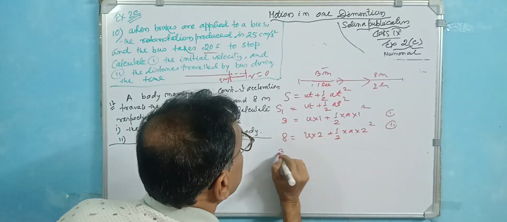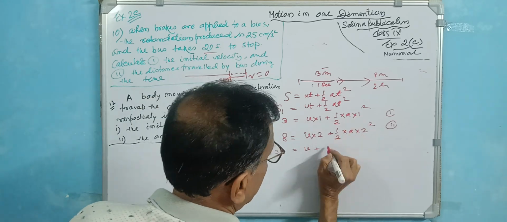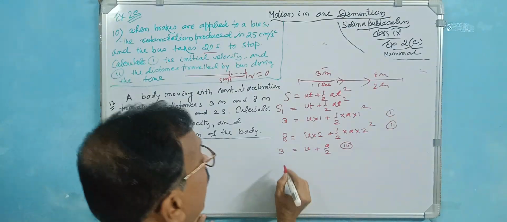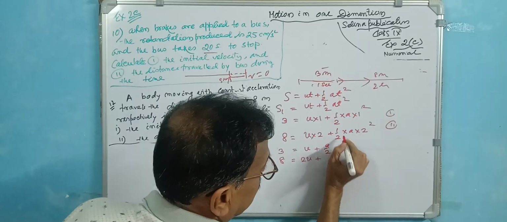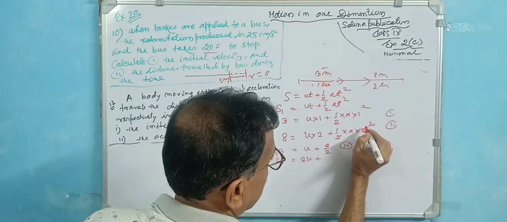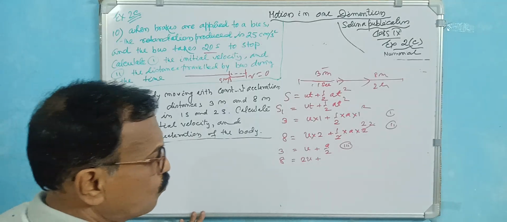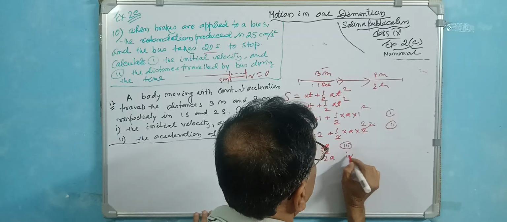The first case: 3 is equal to u plus a by 2. That is equation 3. And 8 is equal to 2u plus half a into 4, ultimately this is 2a, that is equation number 4.